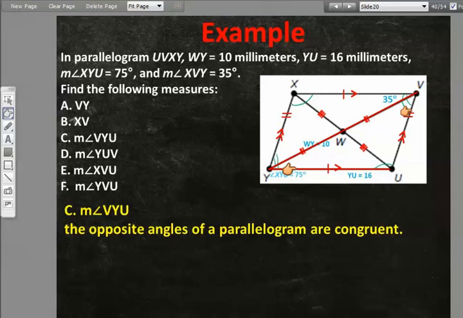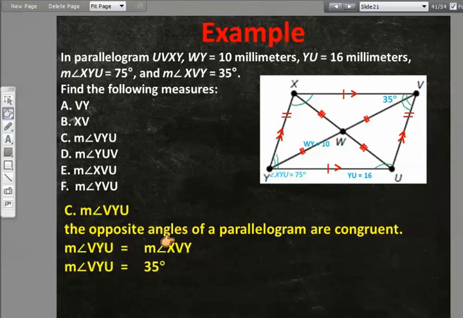Since this angle right here is 35 degrees, that means this angle is 35 degrees. So I put measure of angle VYU equals the measure of XVY. So that means the measure of angle VYU is 35 degrees.